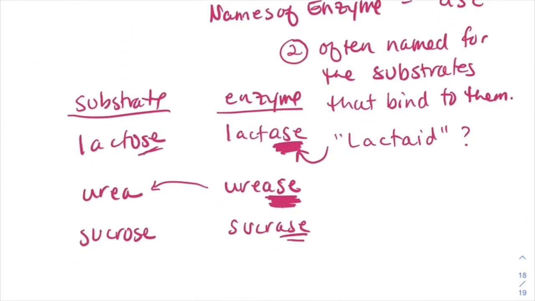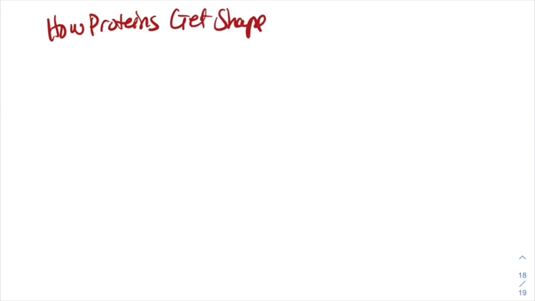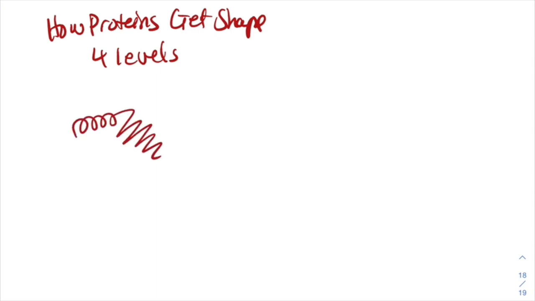Now, do you remember back, or shall we think back to when we were talking about how proteins get their shape? There were 4 levels of protein shape. The first level was the order and number of amino acids, and at the second level they got all these alpha helices or maybe beta pleated sheets.